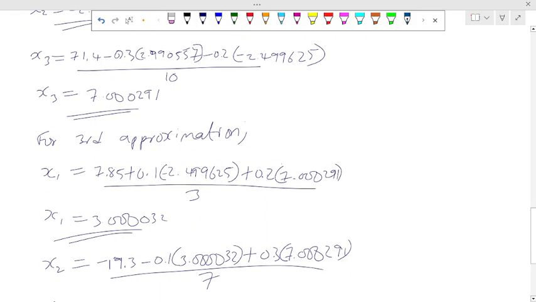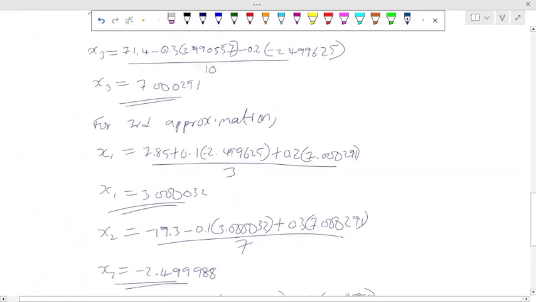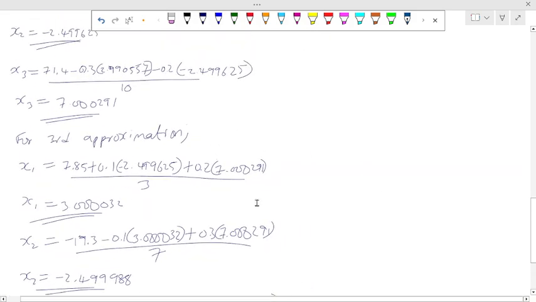For our third iteration, same thing. Where we have x2, we use the latest x2 value, and where we have x3, we use the latest x3 value. So we have a new x1, which is almost exactly 3.0, very close now.